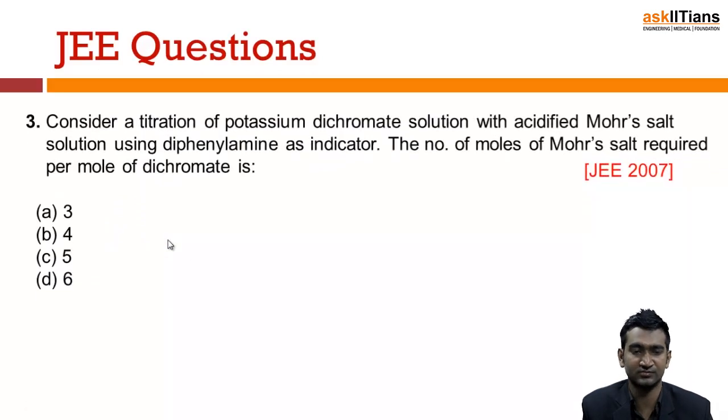Next question we move on to: the titration of potassium dichromate solution with acidified Mohr's salt using diphenylamine as the indicator. You have to calculate the number of moles of Mohr's salt required per mole of dichromate. In this type of question, you just have to follow the equivalent weight method.